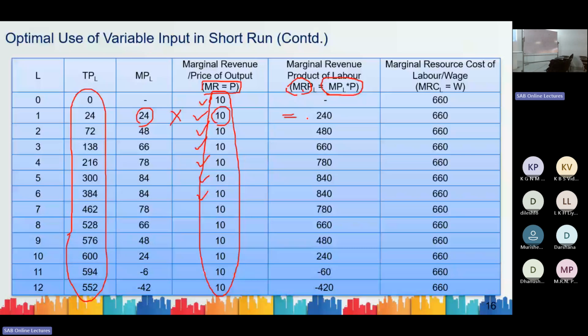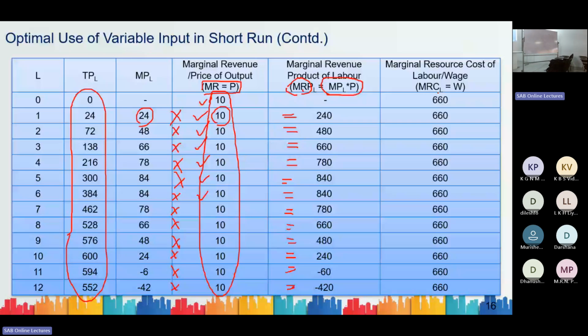So we have this schedule for that. We multiply marginal product of labor by the unit price of output. And marginal resource cost of labor is the wage rate.